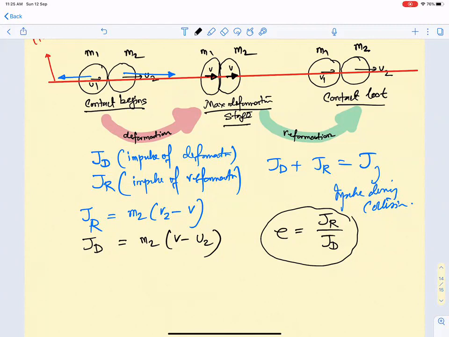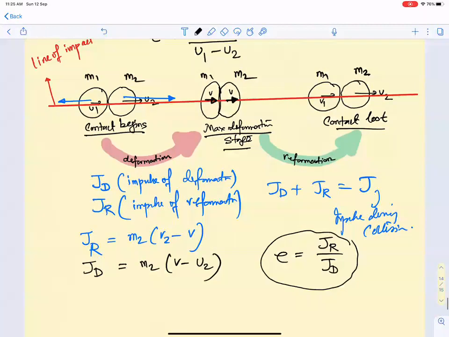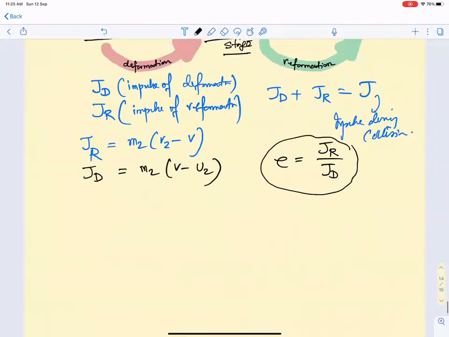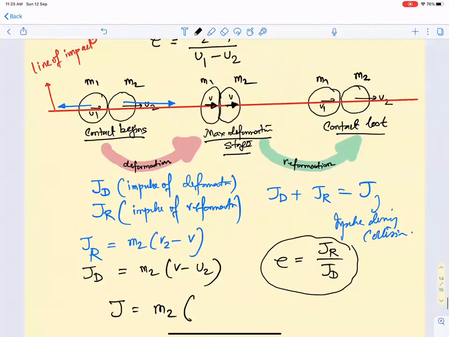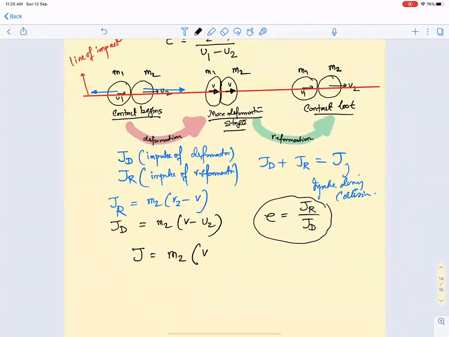Partly elastic, E varies from 0 to 1. Okay, so that is about 1D collision. So what is the total impulse? Actually, total, if you consider the body of mass M2, it's V2 minus U2. So E is the ratio of impulses.